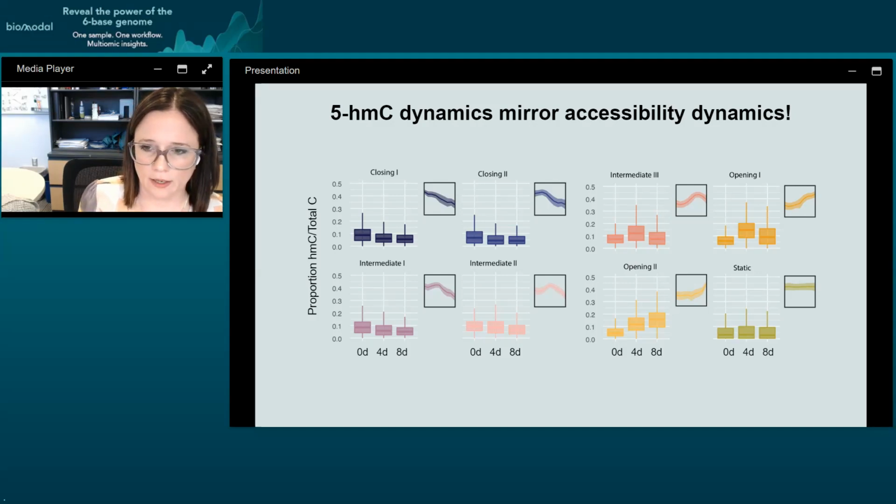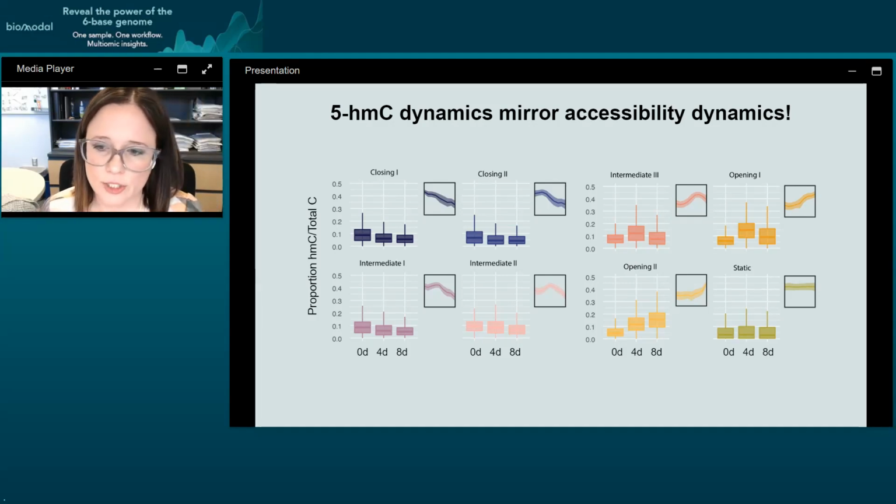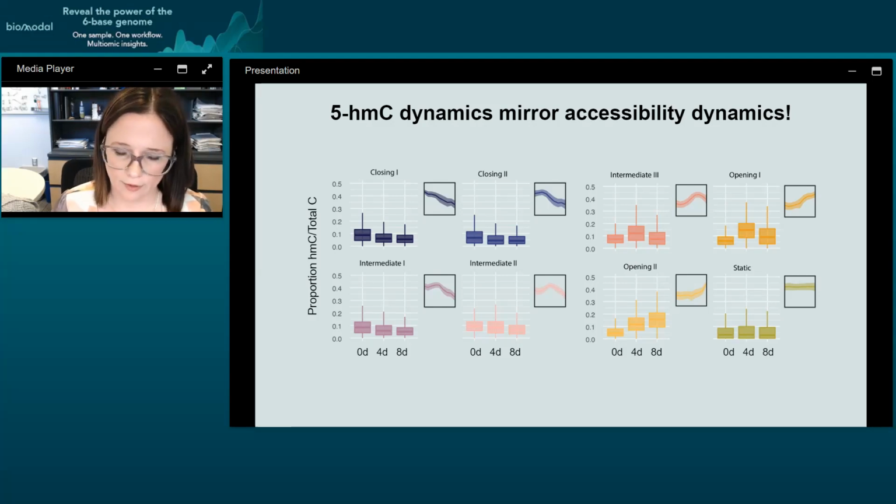This is just another way of looking at the data that I just showed you, except here, I'm dividing the hydroxymethylation levels into high and low, where we're really just taking the distribution of HMC, which happens to be very low. The amount of HMC that we're observing at any given cytosine is in the range of about 1 to 5%, but it can go all the way up above 25%.